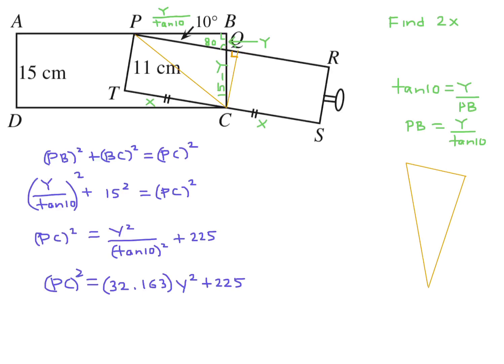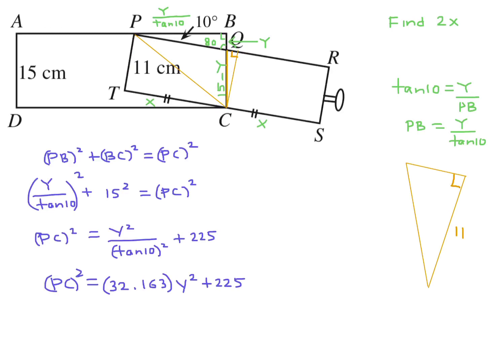So that's that triangle right there. And that triangle represents this guy right here. Okay, that little one that's very narrow. Now, this is, of course, a right angle. This side from here to here is 11, right? Because it's the same as PT.